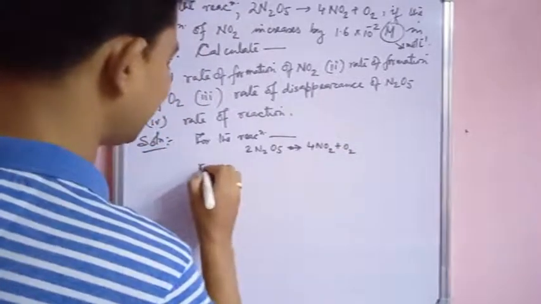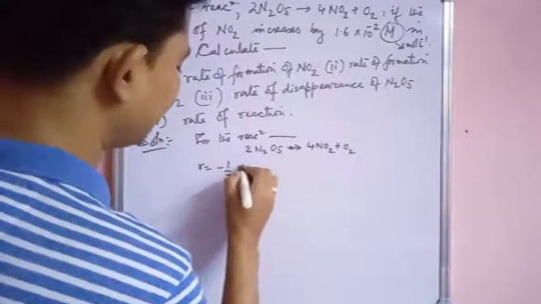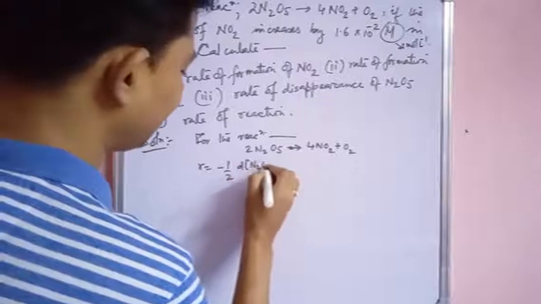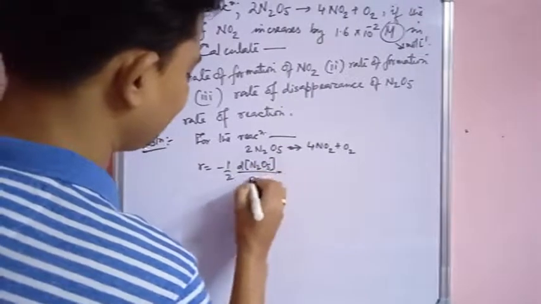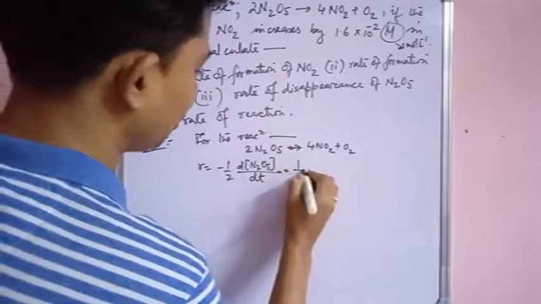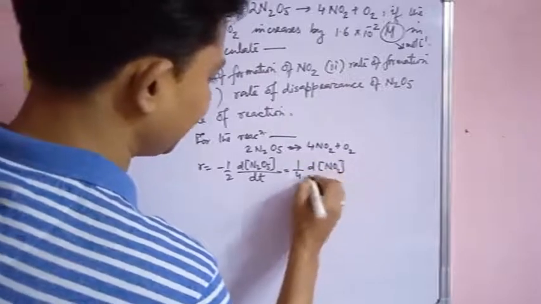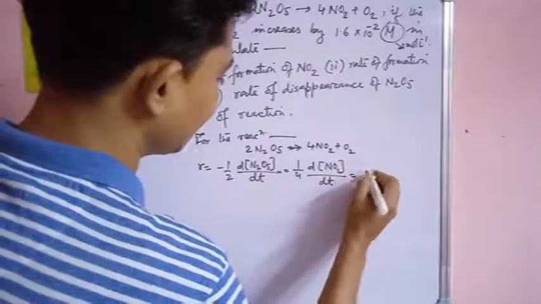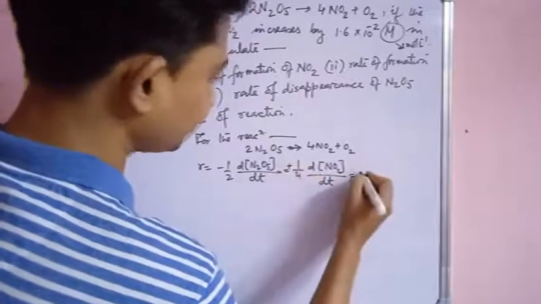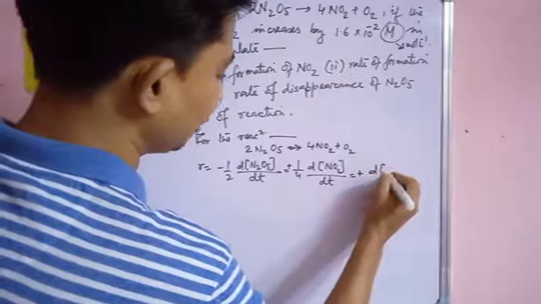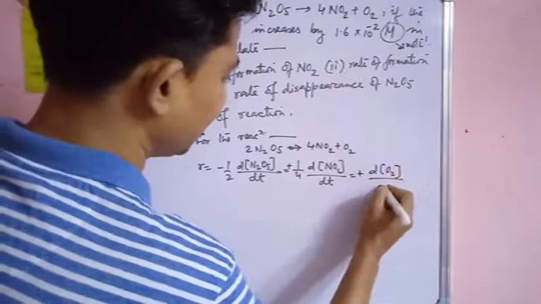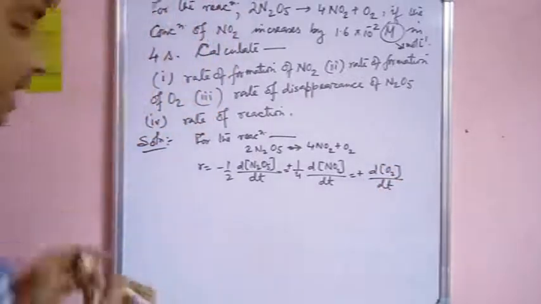So R is equal to minus half dN2O5 by dt, is equal to 1/4 dNO2 by dt, is equal to plus dO2 by dt. Now this is the differential rate equation.